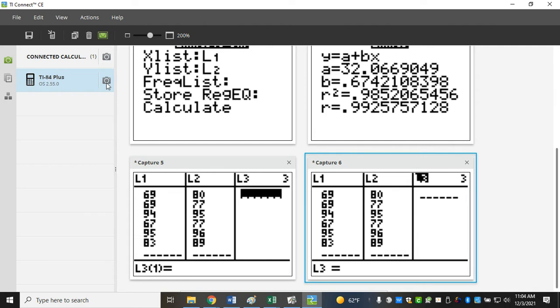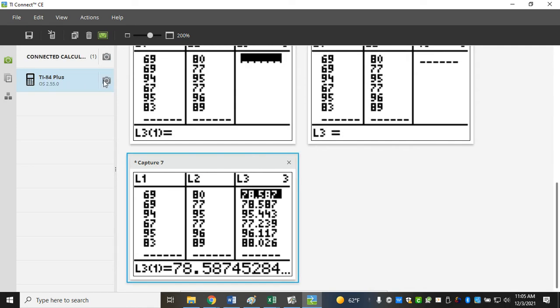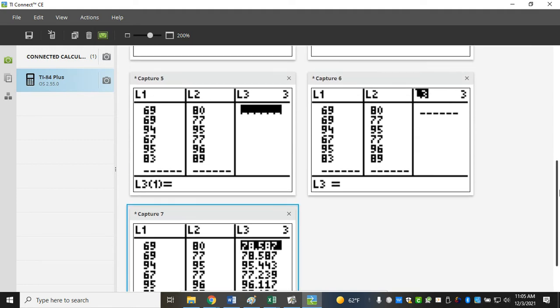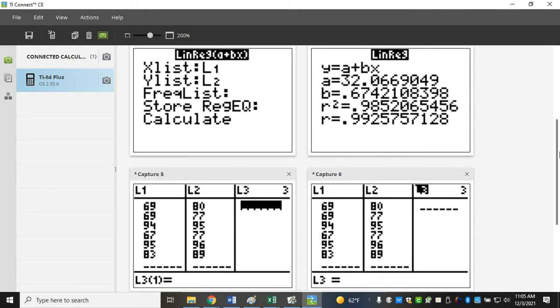And so when I do that and hit enter, it is going to come up with my entire predicted list for me for each one of my X values. And so that's just using my equation to get that list.